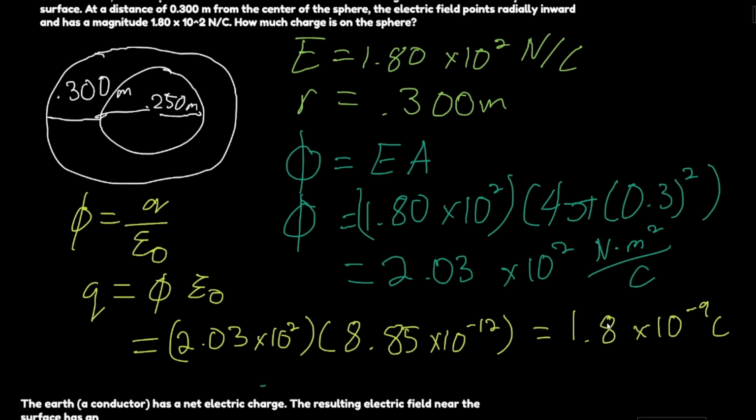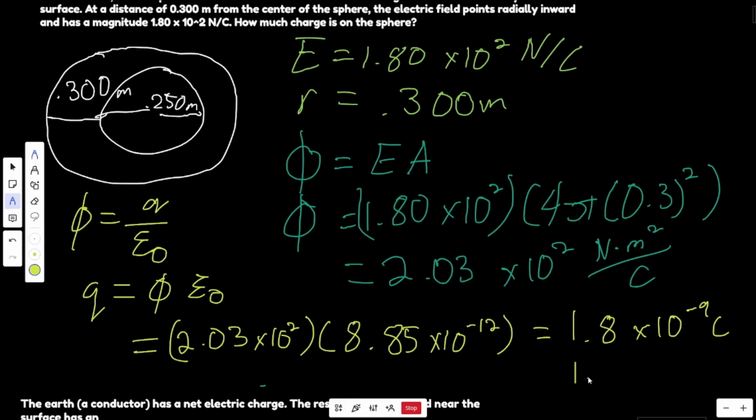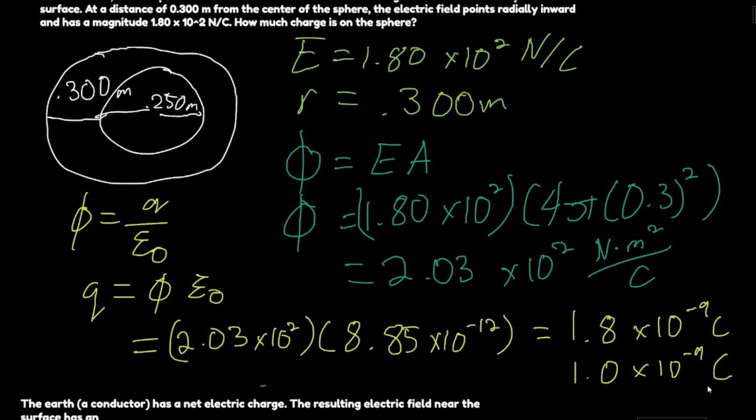I don't have enough digits on my calculator, so on your end, it might just look like 0.000000001. Don't worry, it's basically the same thing at that point. You can just attribute that to the calculator model. If you got 1.8, good job. If you got 1.0, also good job. So that's it. Now, on to the next question.